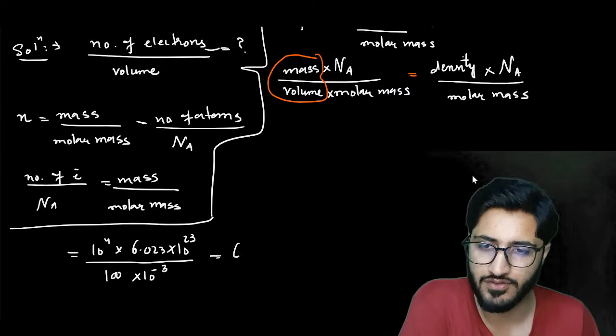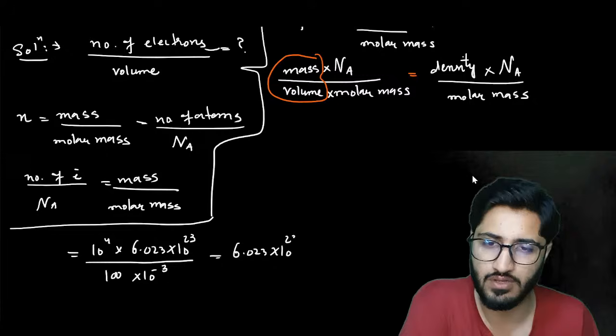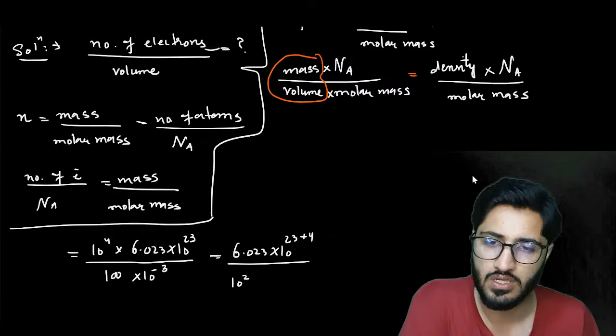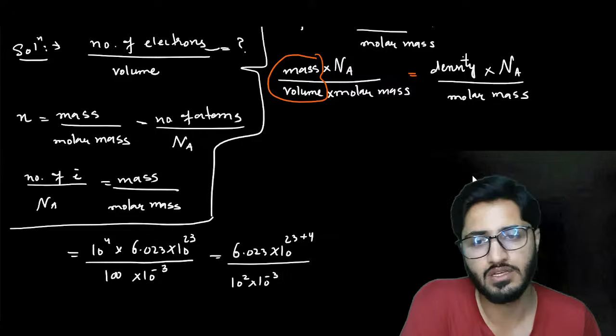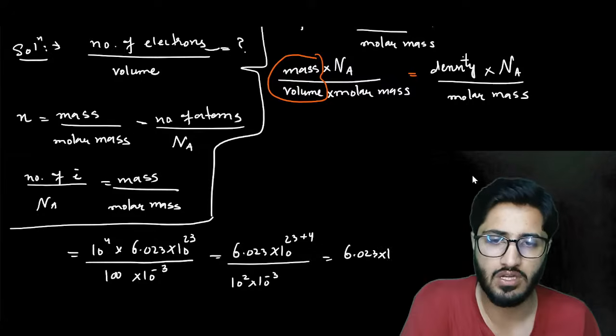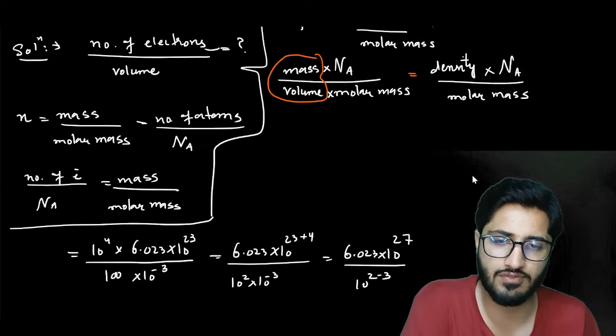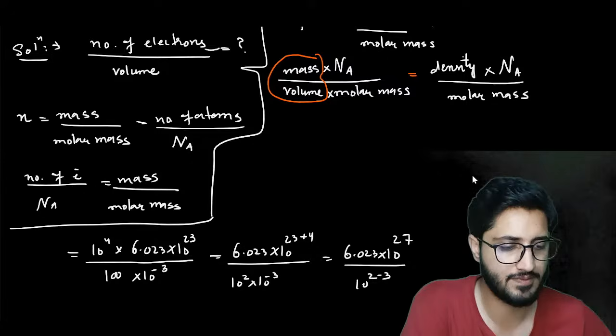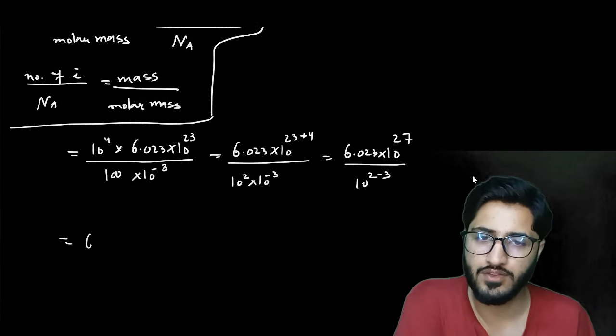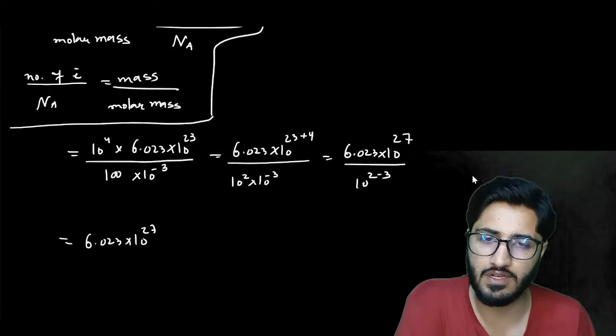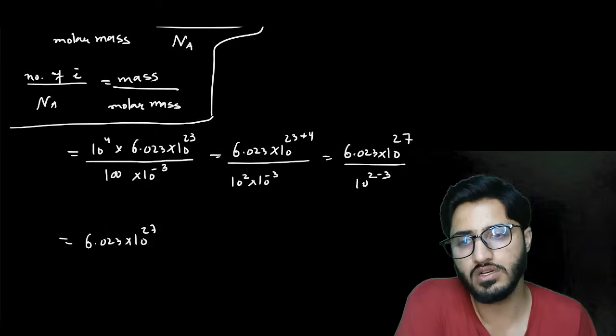I will write it 6.023 into 10 to power 23 plus 4, whole divided by 10 to power 2 into 10 to power minus 3. So it is 6.023 into 10 to power 27 divided by 10 to power 2 minus 3, which is 10 to power minus 1.